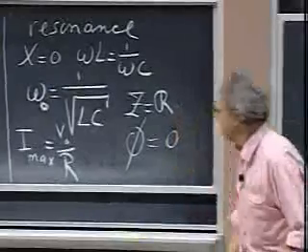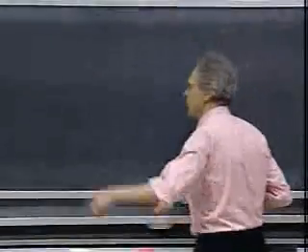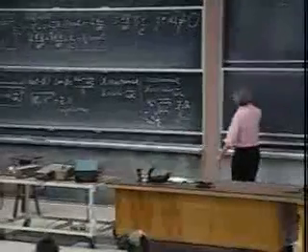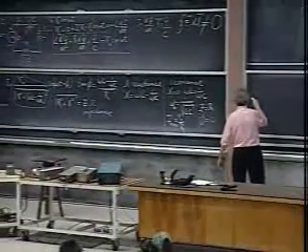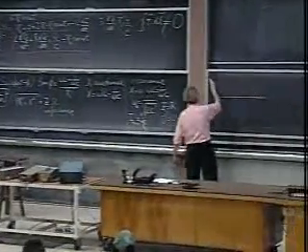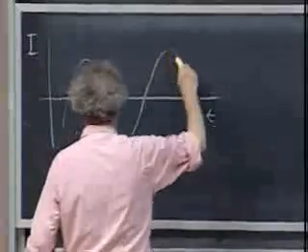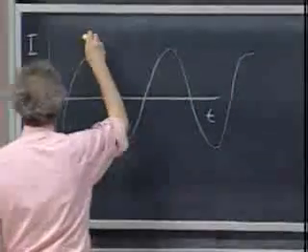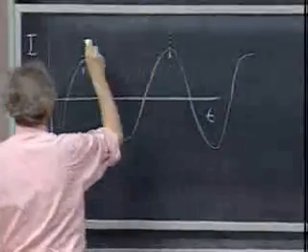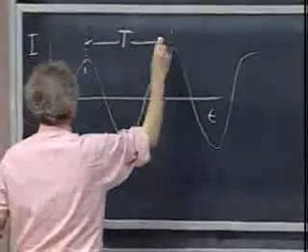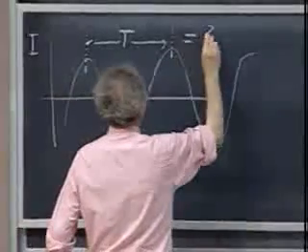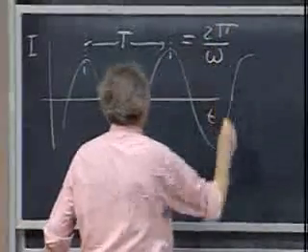And so the signal that you will see is a cosinusoidal variation in the current. So if I have here the current as a function of time, then you get a signal like so. And this period T equals 2 pi divided by omega.